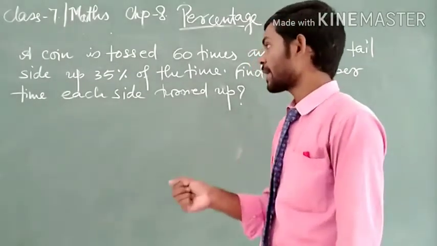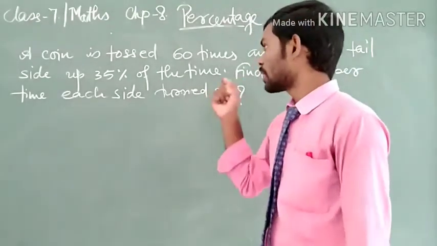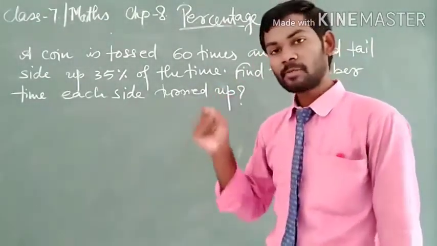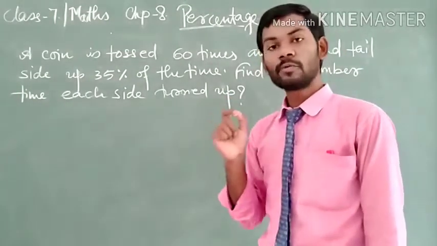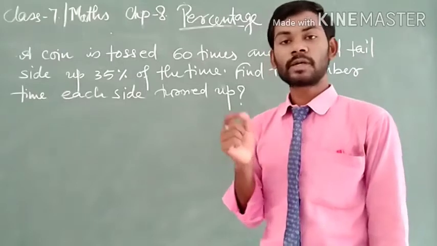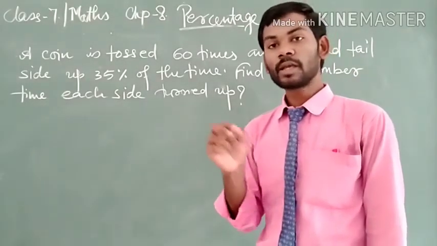So if we find 35% of 60, I know that 21 times comes tail, and 60 minus 21, that is 39, will be head.